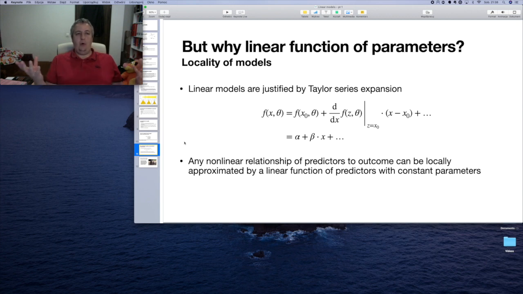For example, in electrical circuits you have Ohm's law. Ohm's law says the voltage drop on the resistor is equal to the multiplication of resistance and current, which is a linear model with respect to both current and resistance.